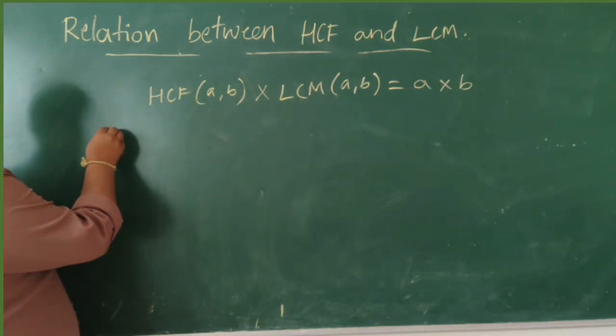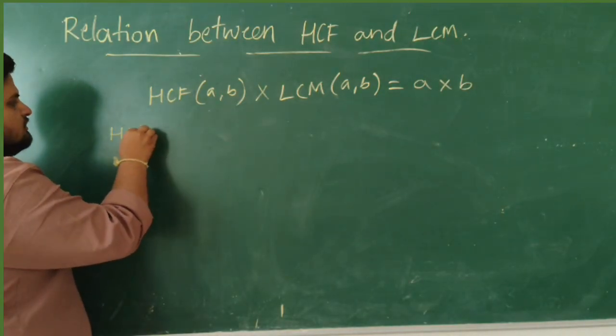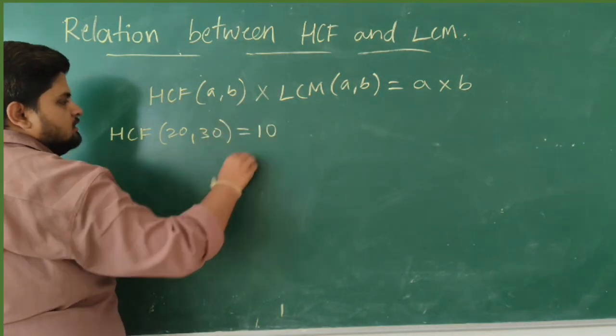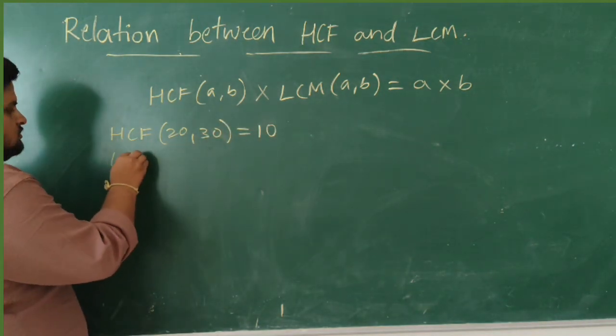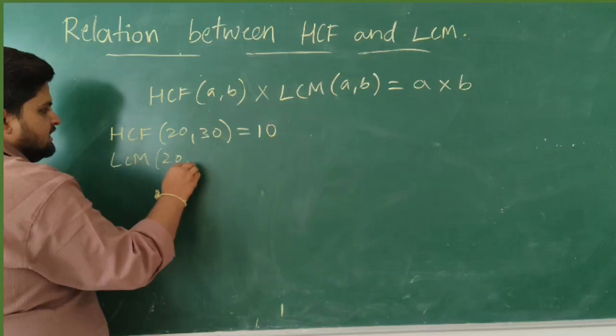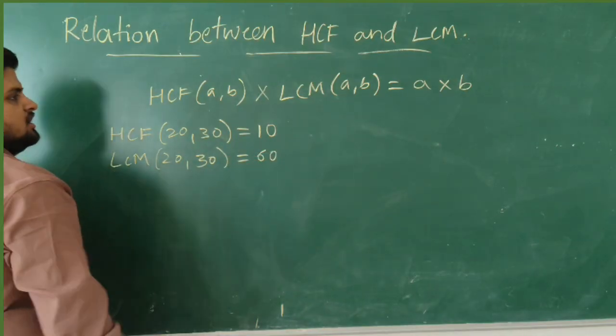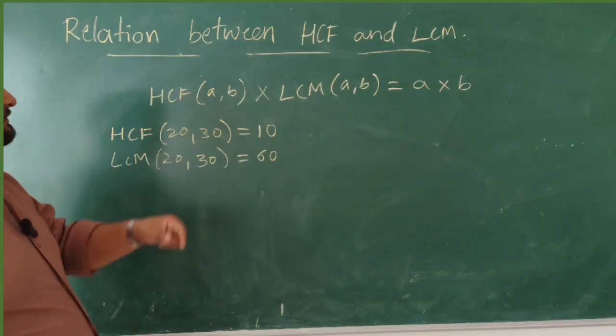In the earlier examples we found that the HCF of 20 and 30 was equal to 10. Then we also found that the LCM of 20 and 30 was equal to 60. Now let us verify the same relationship with this.